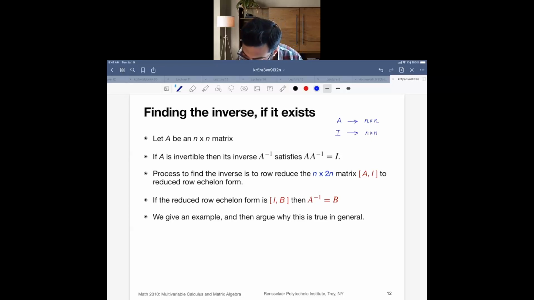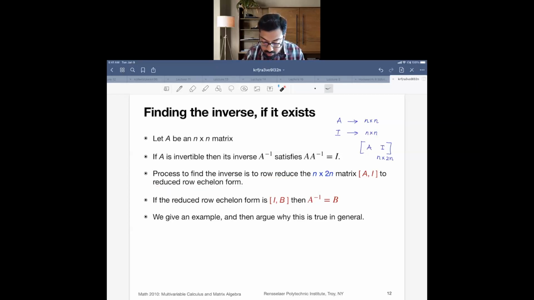So if you pad this, you have A, then I, the number of rows will not change, but the number of columns would have changed to 2n, right? So the size of the augmented matrix is n by 2n, and we will do a row reduction process to get to a reduced row echelon form.